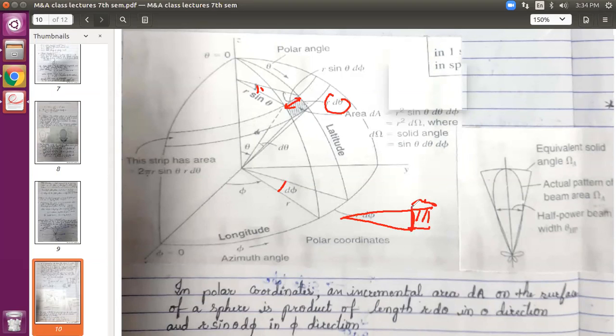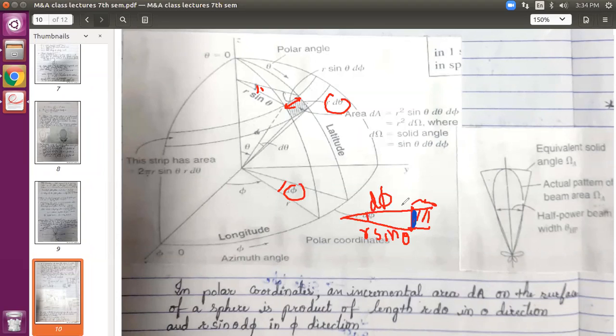This one we want now. This highlighted one. Let me take one more color. This we want now. For that, what will we do? Just now we have calculated this side, r sine theta, and this angle, if you see the projection, the same projection is here, so this angle is d phi.